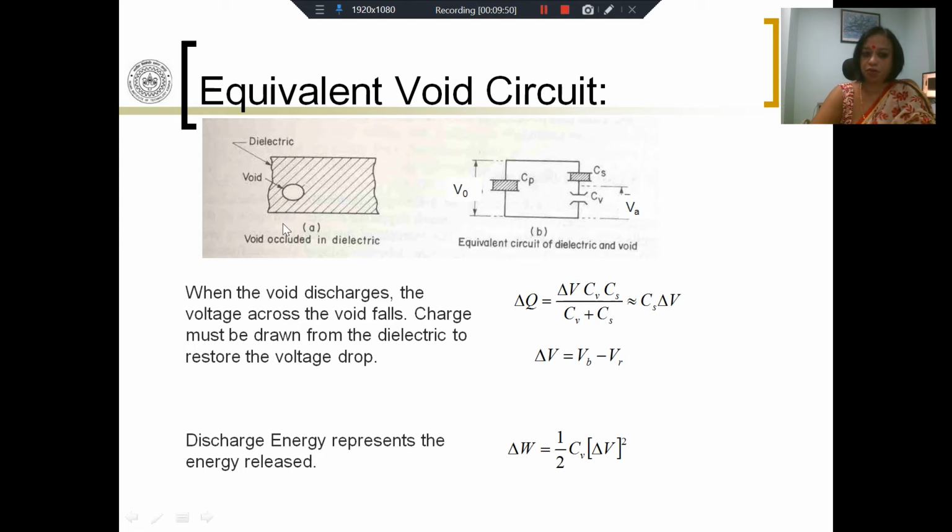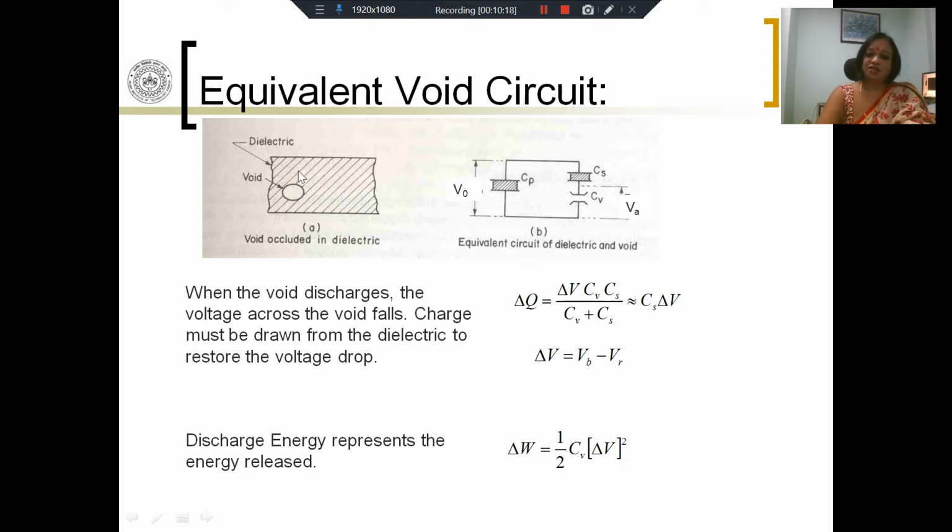At that moment, the void will be short-circuited and the voltage across the void will fall to zero. When the void discharges, there will be some charge which will be discharged. A discharge means charge discharge. As long as the void does not discharge, it holds a certain quantity of charge across it. If you consider rectangular electrodes, you'll have some positive charge on the top dielectric surface and some negative charge on the bottom dielectric surface.